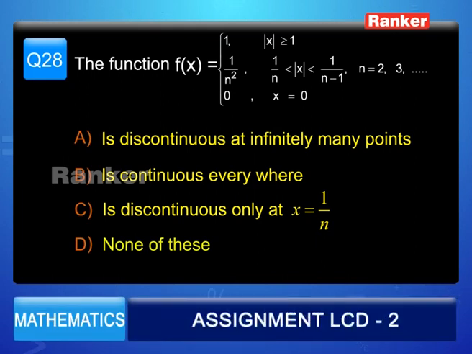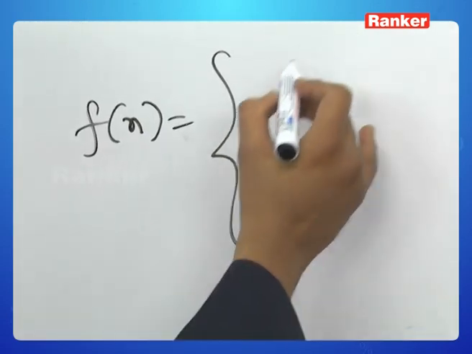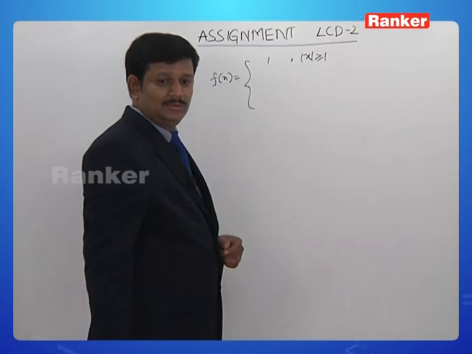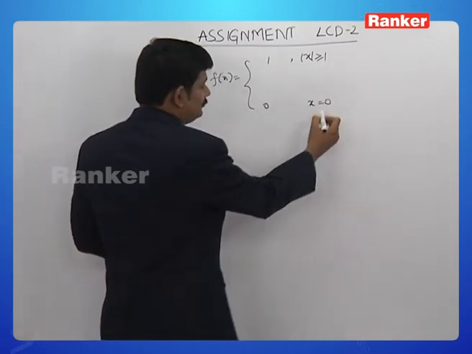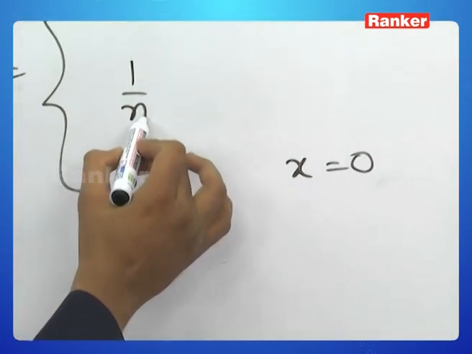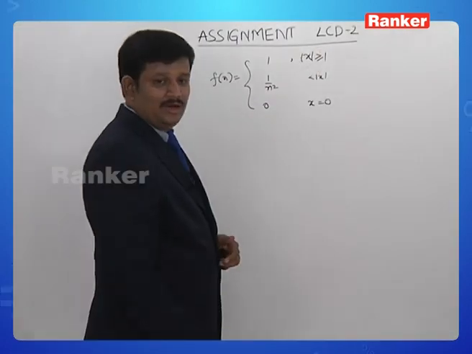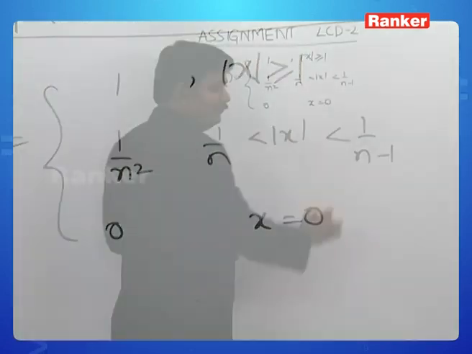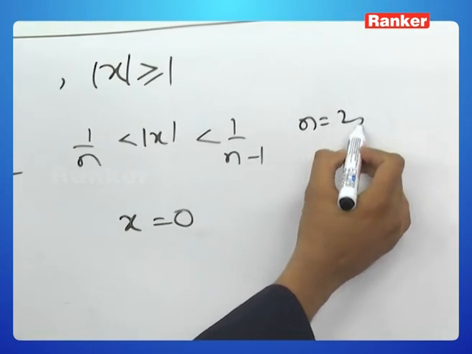So, f of x is defined as 1 if mod x is greater than or equal to 1, 0 if x is 0, and 1 by n square whenever mod x lies between 1 by n and 1 by n minus 1, where n can be any number of the form 2, 3, and so on.